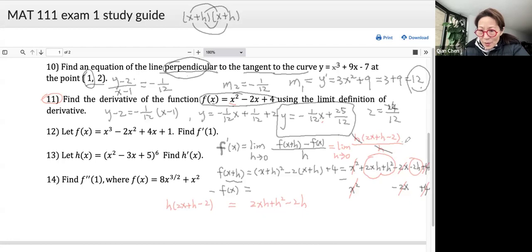So now this is left with 2x plus h minus 2. Now I can plug in 0 for h. Before I couldn't do that because h was in the denominator. Now h only appears in the numerator. Only this h survived, so I plug in a 0. I'm left with 2x minus 2.